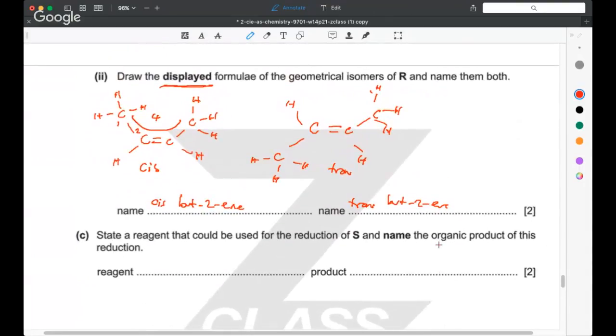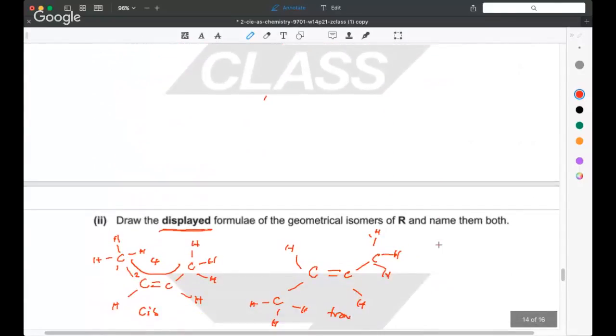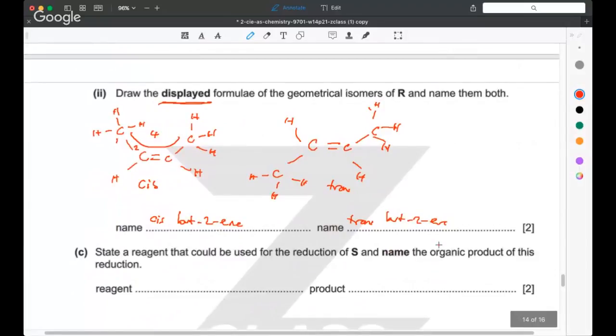Good, so now we've got to hop back and look at S. That was a ketone. How do you reduce a ketone back to a secondary alcohol? Well, your reagents are either lithium aluminium hydride in dry ether, or sodium borohydride in water and methanol.